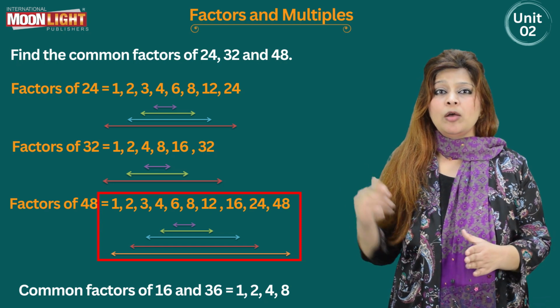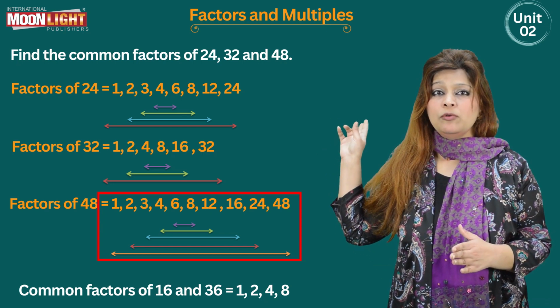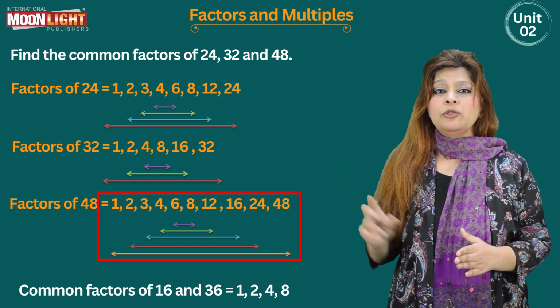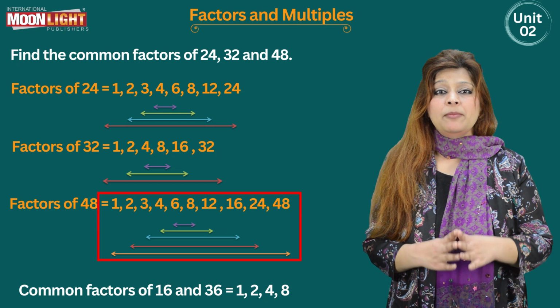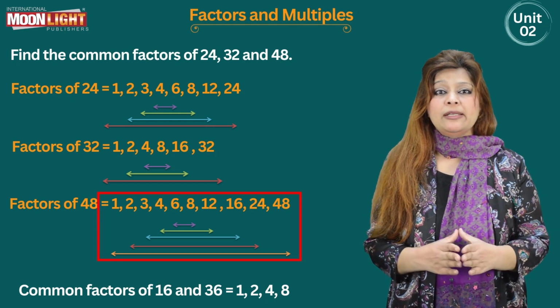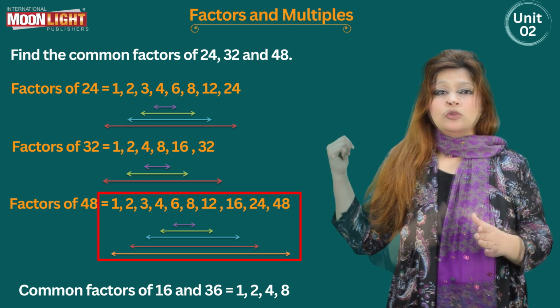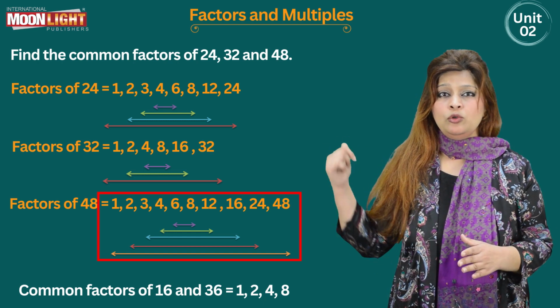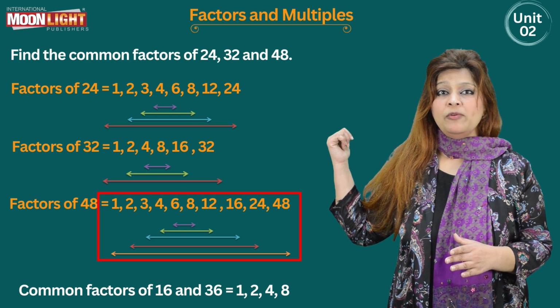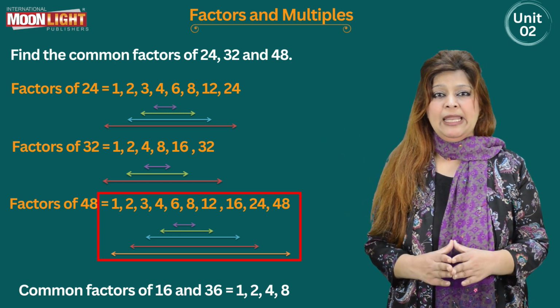So, I will write it down: 1, comma, and 48 over there at the last. Now, I know that I can divide the number 48 by the number 2 to get the next factors. So 2 24s are 48. So I am going to write 2 and 24 over here before the number 48.